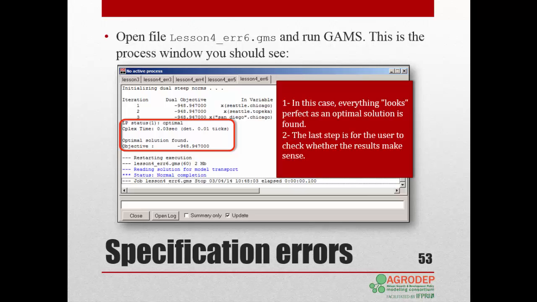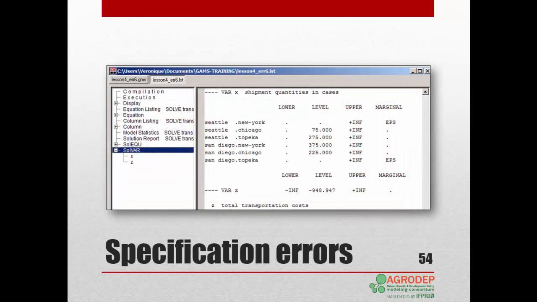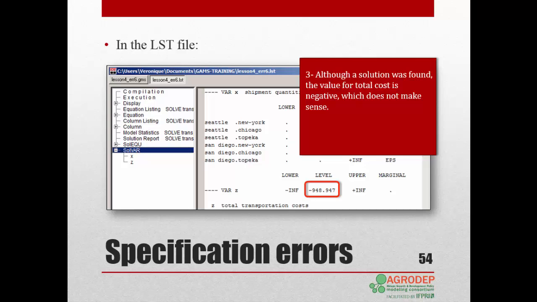So after correction of syntax errors and errors of execution and resolution, the last step for the user is to check whether his results make sense. In the list file, we see that a solution was found for the variable z, but it is negative, which of course doesn't make sense from an economic perspective, since it reflects the total cost of shipment.